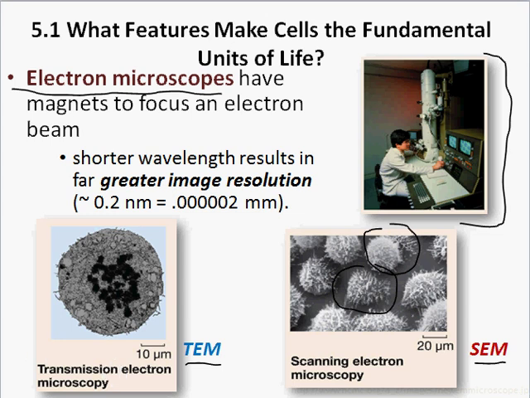The thing you're looking at is very small, so you can help gauge what you're looking at. Also, if you recognize it's a cross-section, then you know it's a transmission electron microscope, or if it's a whole cell, it's SEM. In addition, this will be useful if you take microbiology, because you'll see lots of pictures using an electron microscope, because bacteria and viruses and other microorganisms are very small, and you need very high-powered microscopes to see them.